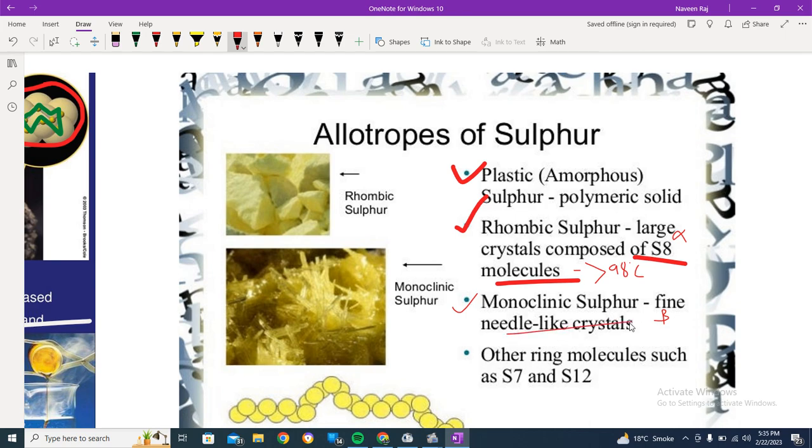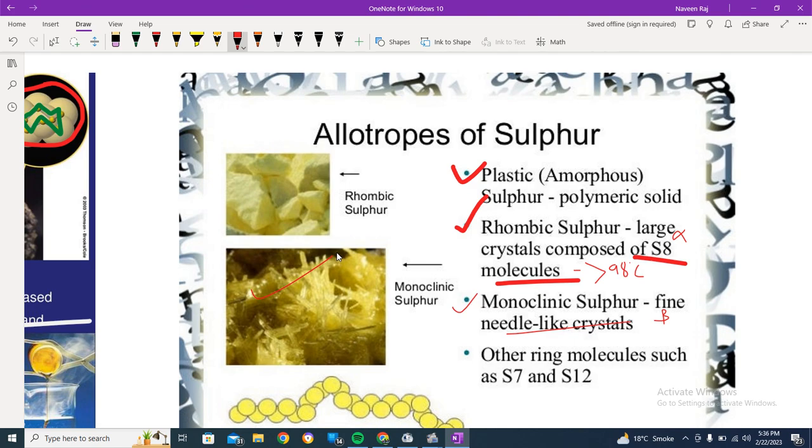Here you can see in the diagram clear needle sort of structures, and below 96 degrees Celsius the rhombic sulfur exists, while above 96 degrees Celsius the beta sulfur or the monoclinic sulfur exists till 119 degrees Celsius, and after 119 degrees Celsius the monoclinic sulfur is converted into another form, which is not stable.